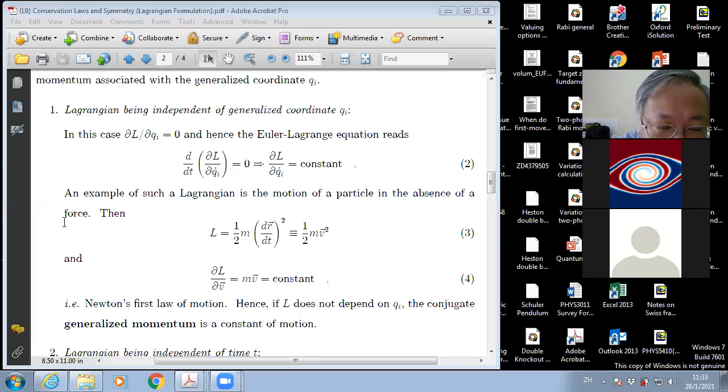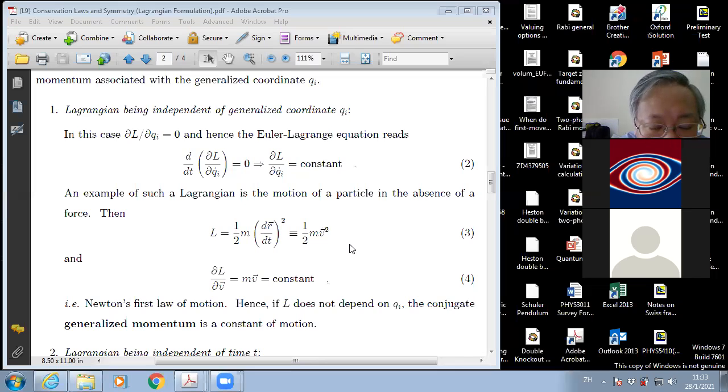So we can write down the Lagrangian with respect to two coordinate systems, which are moving with respect to each other with a uniform velocity. All right, so we write down the Lagrangian.